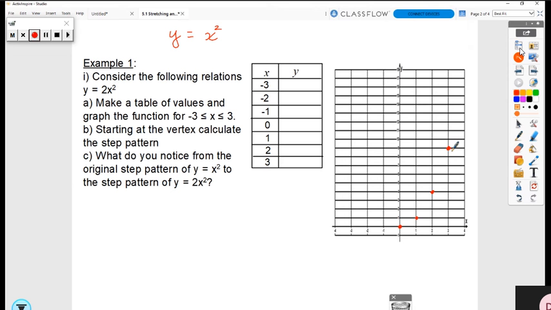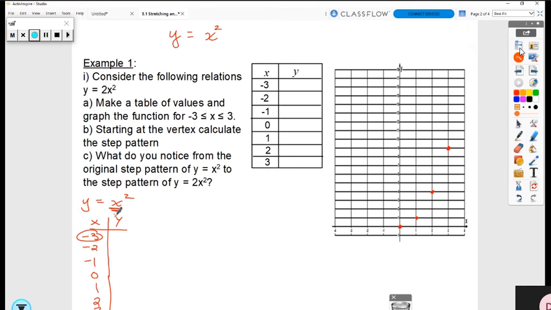I'm going to do a table of values here. Here's x, here's y. I'm going to go negative 3, negative 2, negative 1, 0, 1, 2, 3. And all we're doing is squaring these, because y equals x squared. So we're replacing this x with the x values that we have. And this shouldn't be any concern or surprise because last year you worked with tons of tables of values.